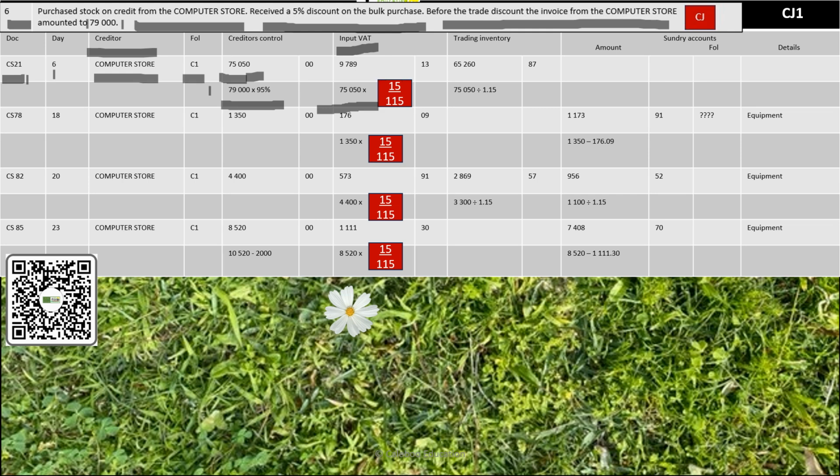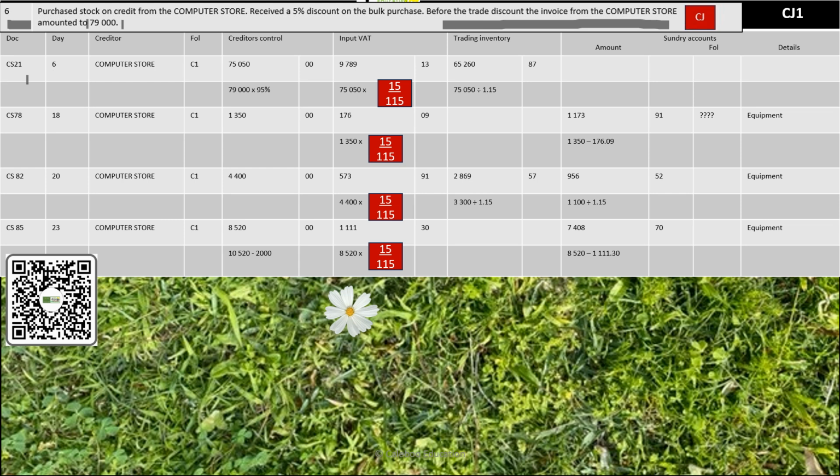So in order to calculate the input VAT, we say 75,050 multiplied by 15 over 115 gives you 9,789 and 13 cents.